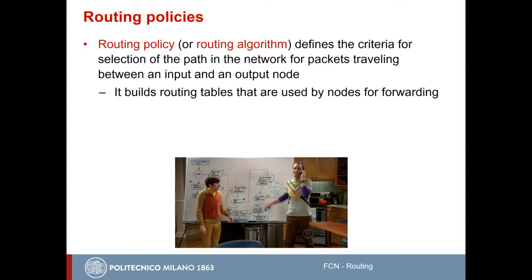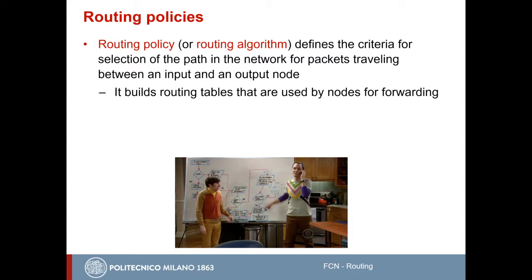In order to find the path through the network, we have to look at the topology of the network. In some cases, the topology is very simple, as in the exercise we have seen. Each source and destination are connected by a single path, so you don't have any choice. But in the general case, the network is much more connected, and so we must be able not only to find a path, but also to find the path that, according to our routing policy, is the best one.